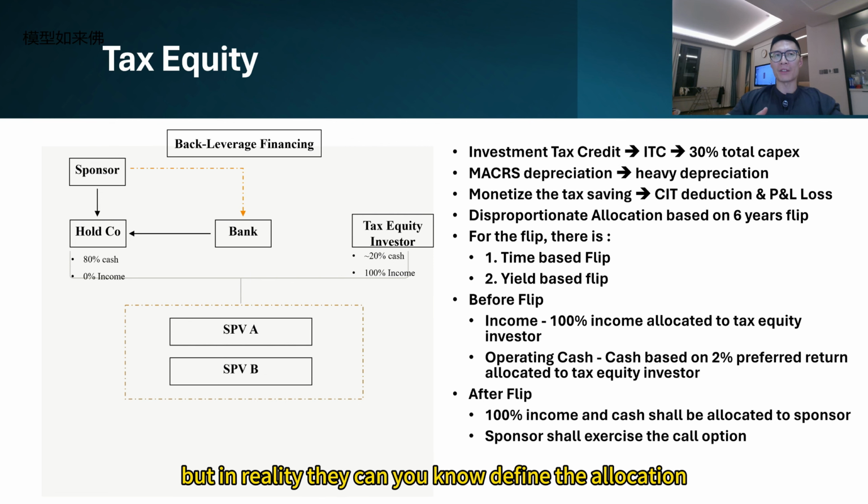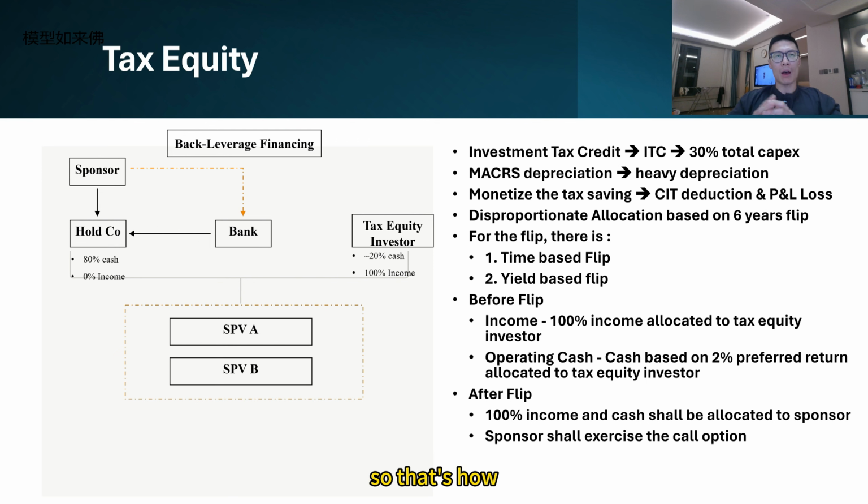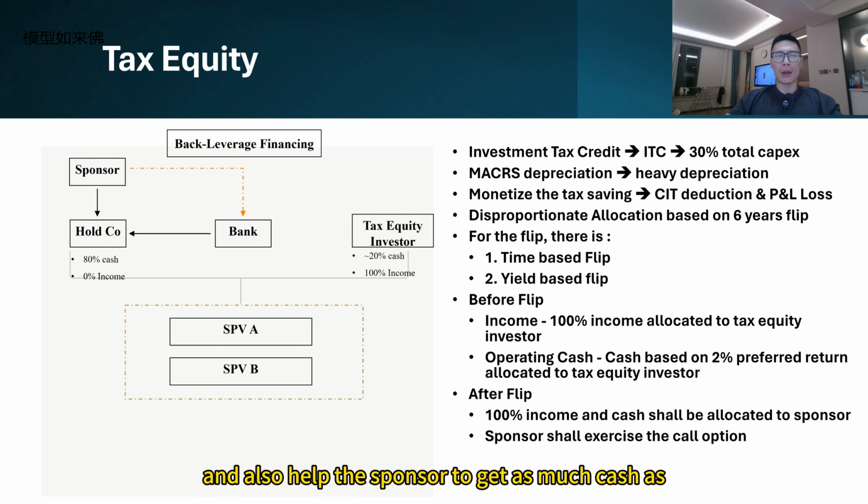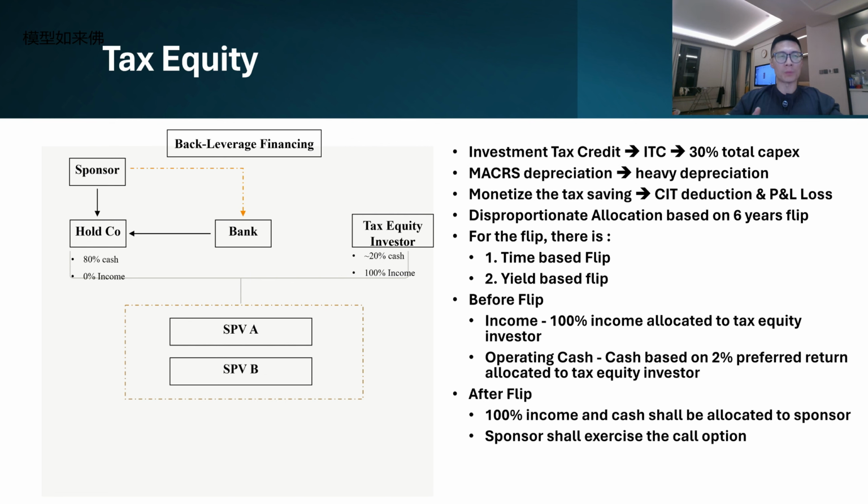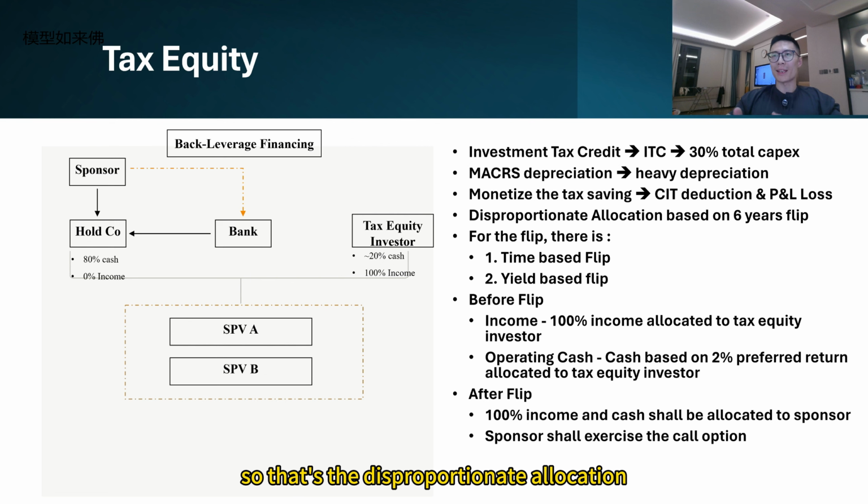But in reality, they can define the allocation based on a partnership agreement. That can help the tax equity investor quickly get as much income as possible, and also help the sponsor get as much cash as possible. So both parties can quickly monetize, and that is how they increase their return. That's the disproportionate allocation.